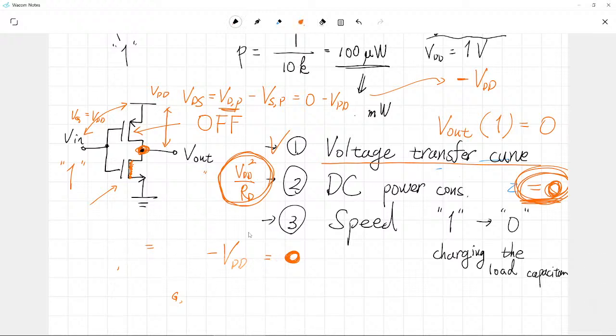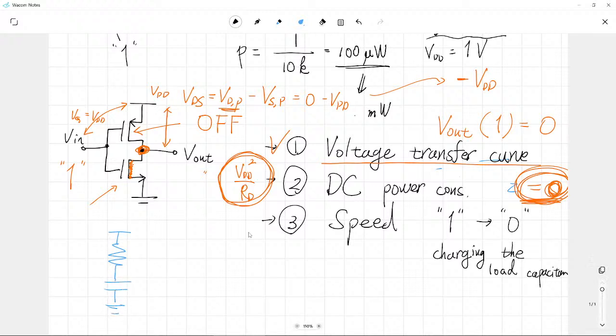And finally, let's go to the speed. What was the problem of our NMOS transistor? At the time, we had this type of equivalent circuit.